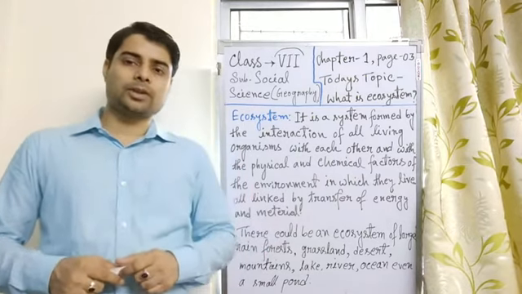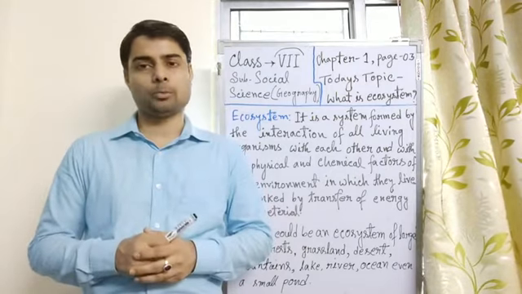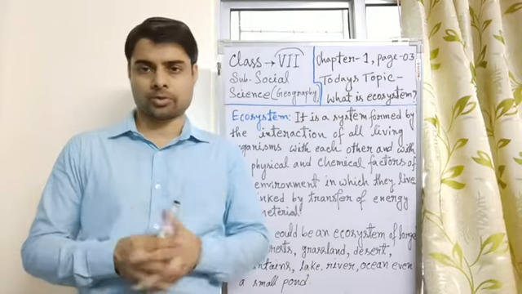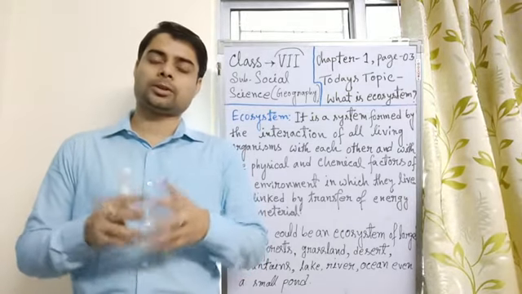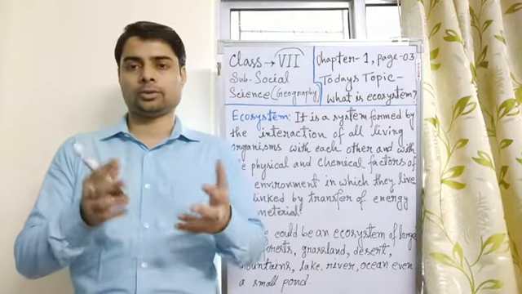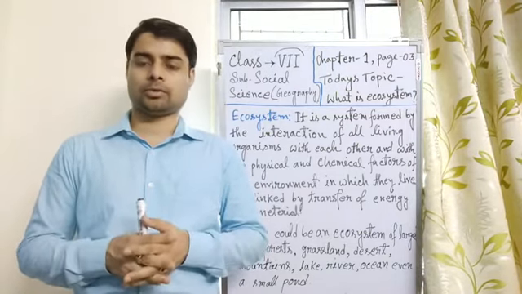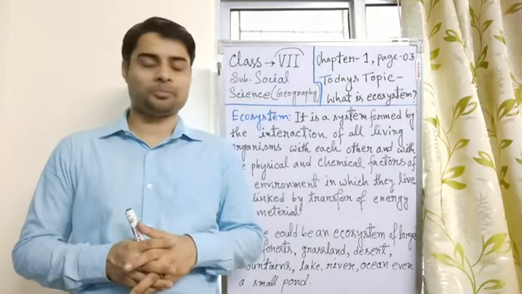In the previous class you have learned about the different components of environment and also about natural environment, and how the hydrosphere, atmosphere, biosphere and also the lithosphere help the existence of life on Earth.